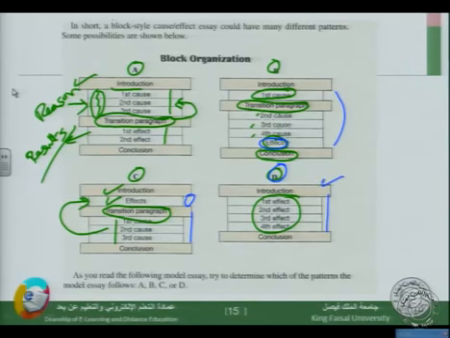Maybe you mention one major or main reason in the introduction. So these are four different kinds of block organization. You can follow any of these.